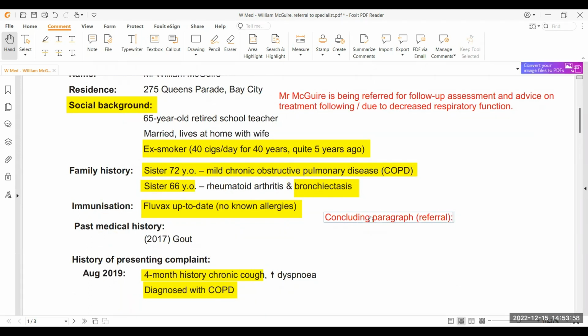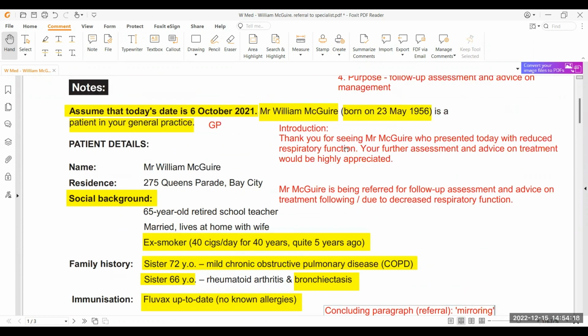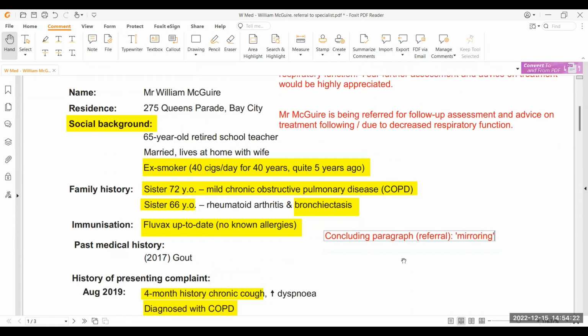If it's a referral, we tend to use a technique of mirroring. Mirroring means that because you want to be polite and make sure you restate your request, you mirror back the request that you made in the introduction in your concluding paragraph.